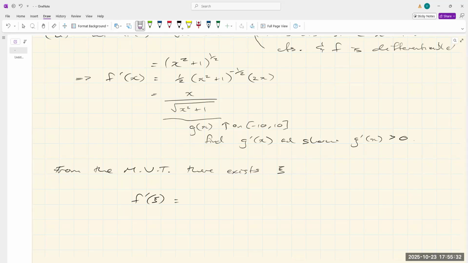Let's keep the interval general. So let's just say there's some xi. Of course, we will eventually choose a xi within this interval.